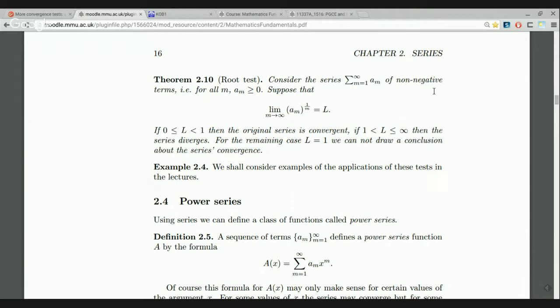If L is strictly bigger than 1, then the sum of L to the power n diverges. So by comparison, so will the series under investigation.